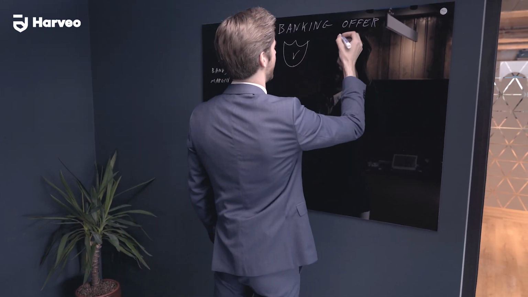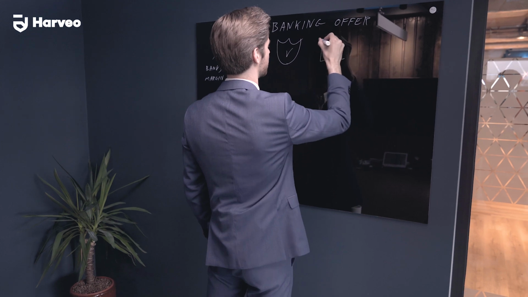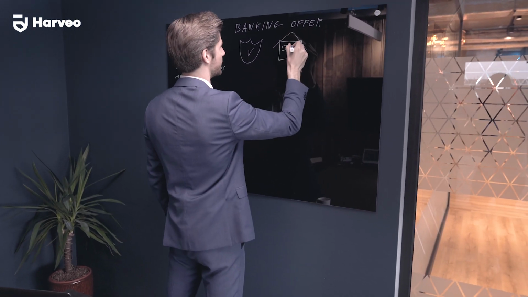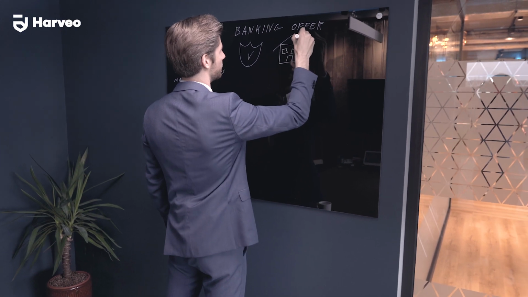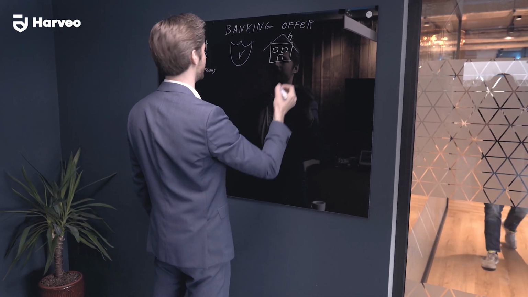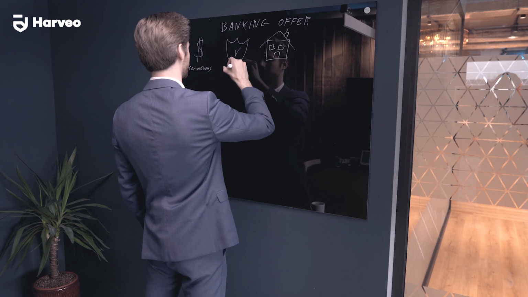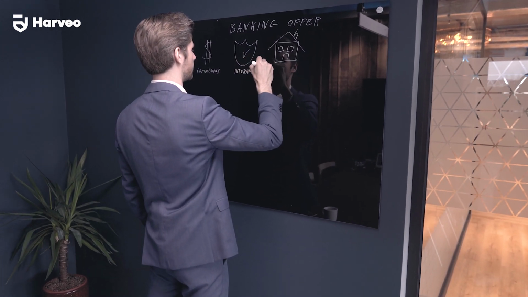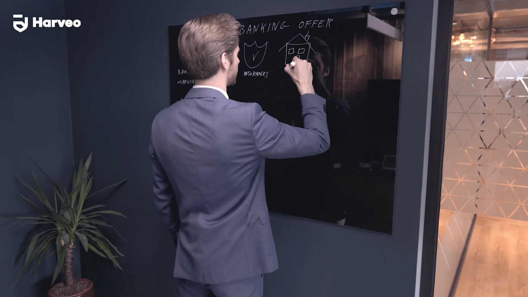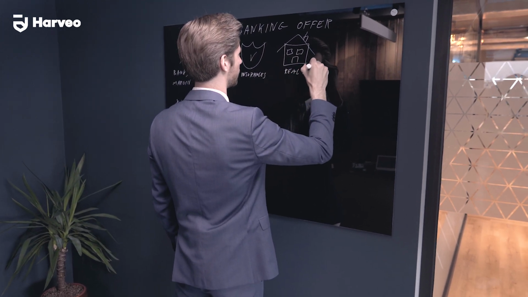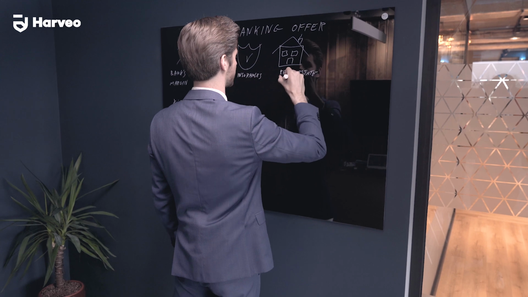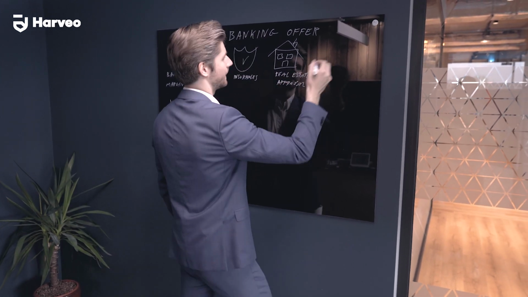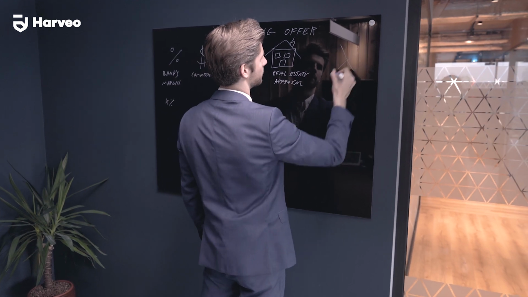Okay. Then we're gonna have real estate appraisal, just evaluating the value of the real estate that you're buying. So it's gonna be insurances, real estate appraisal, and the last one is just gonna be the cross-sell.